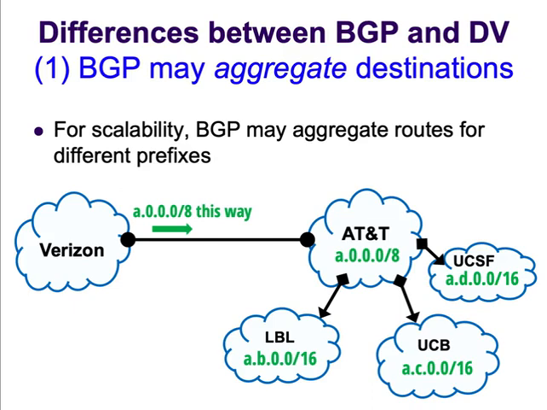Right, so I think the question is, in the multi-homing example we had, where we had a link from LBL to Verizon, and we said Verizon has 2 entries in its forwarding table. One is for a /8 for A, and the other one would be a /16 for A.B. And so how would Verizon choose how to send traffic between those 2?